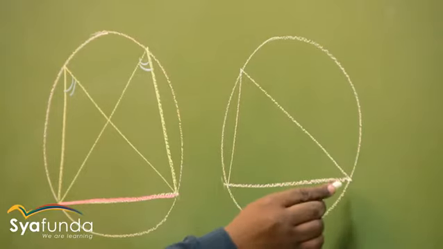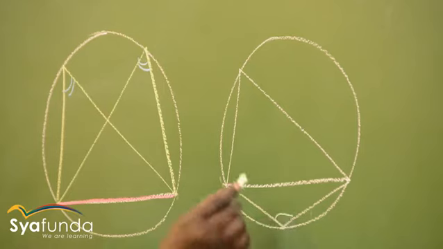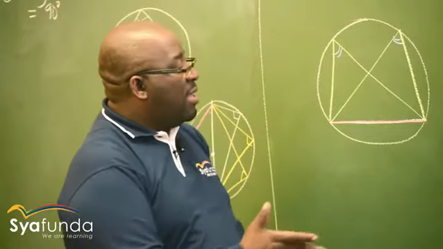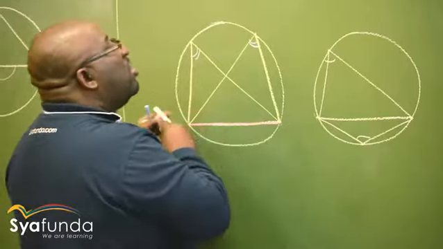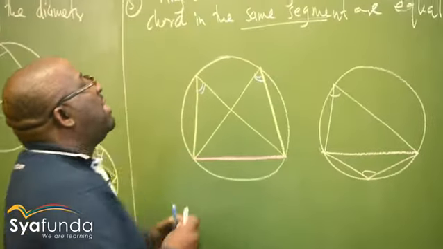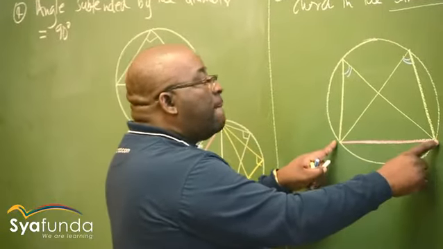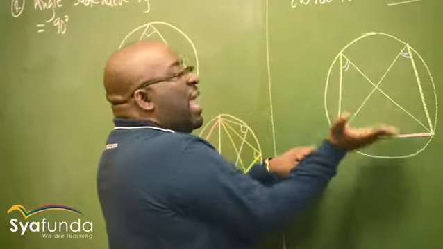The same chord can subtend an angle here, but this does not necessarily mean that this angle will be equal to this one, even though they're subtended by the same chord. The problem with this one is they're not in the same segment. This one is in the major segment, the other one is in the minor segment. So this part becomes vitally important as well, that the 2 angles subtended by this chord must be in the same segment. In this case, both of them are in the bigger segment, the major segment.